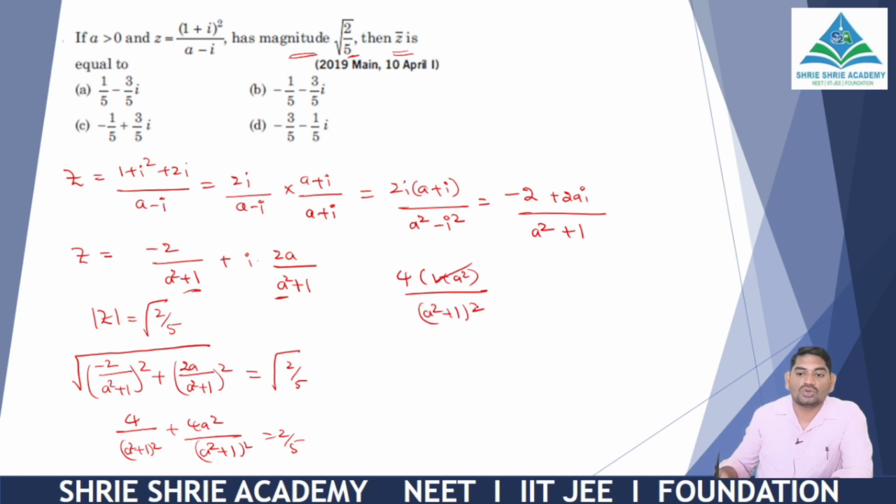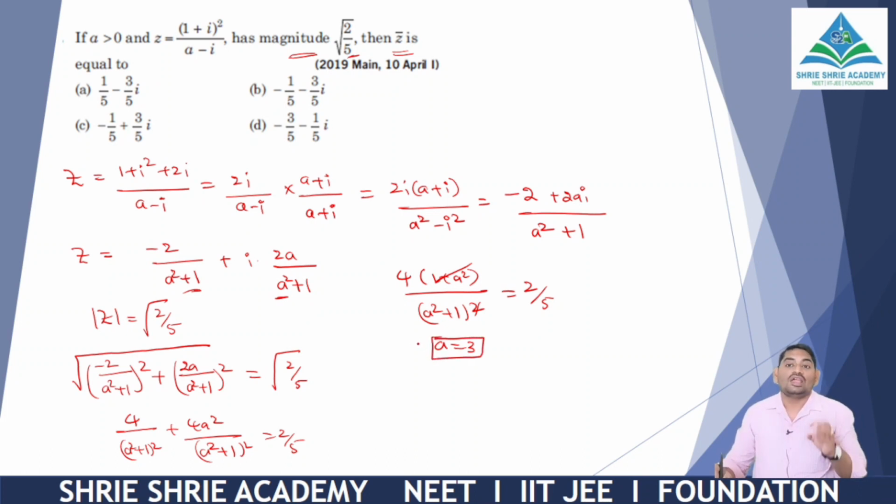So 1 + a² gets cancelled, and on the right side we have 2 upon 5. Finally we get 4 by a² + 1 is equal to 2 by 5. Just cross multiply and simplify, and we get the a value as 3.